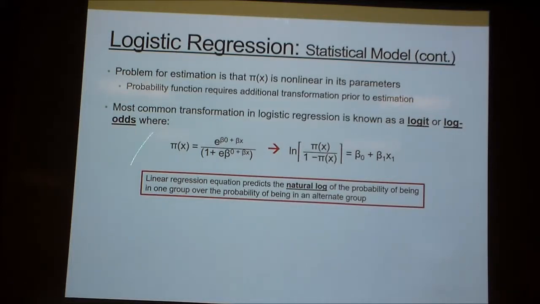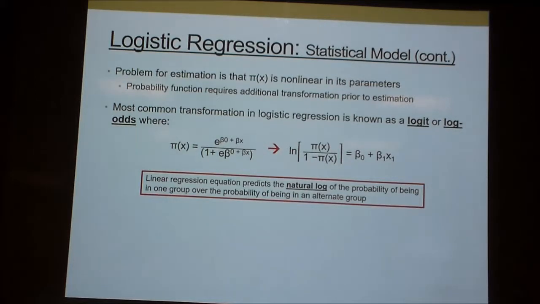And so basically, if this is the probability function that we're trying to predict, we can't do that easily within our basic general linear model. But what we can do is transform this and solve for just the linear equation. And what we get here, at least in the natural log, or in the most standard form, is a linear model that's predicting the natural log of an odds ratio, okay?